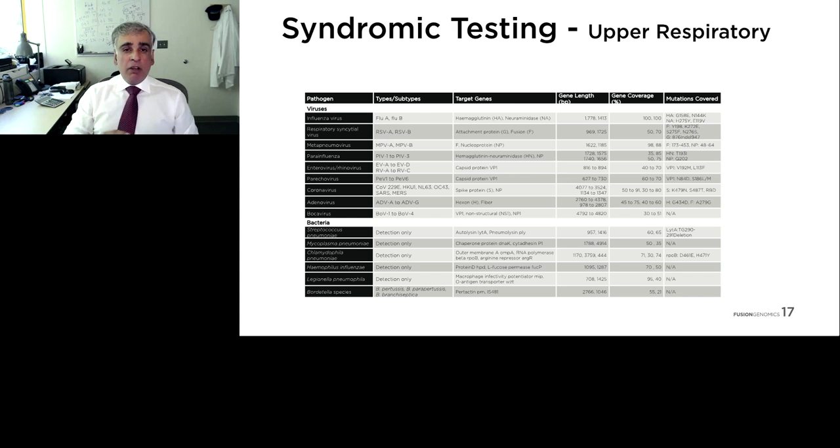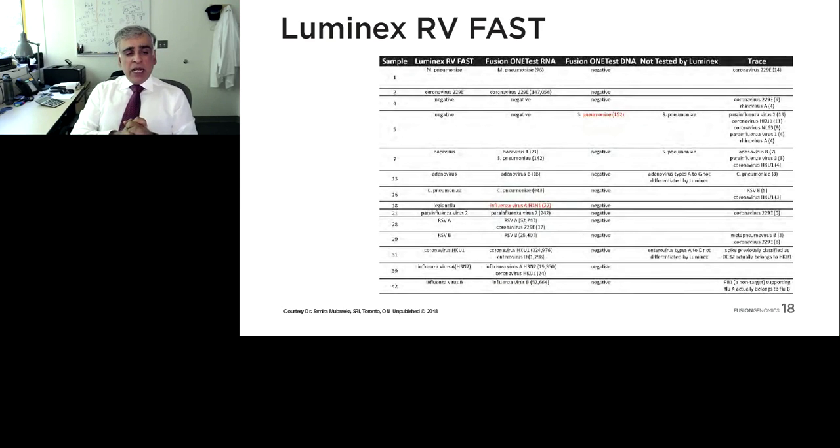Moving forward, today I would be talking about some of the patient samples. Again, calling these patients is incorrect. These are just anonymized RNA and DNA, and these were already tested on the Luminex RV FAST platform.